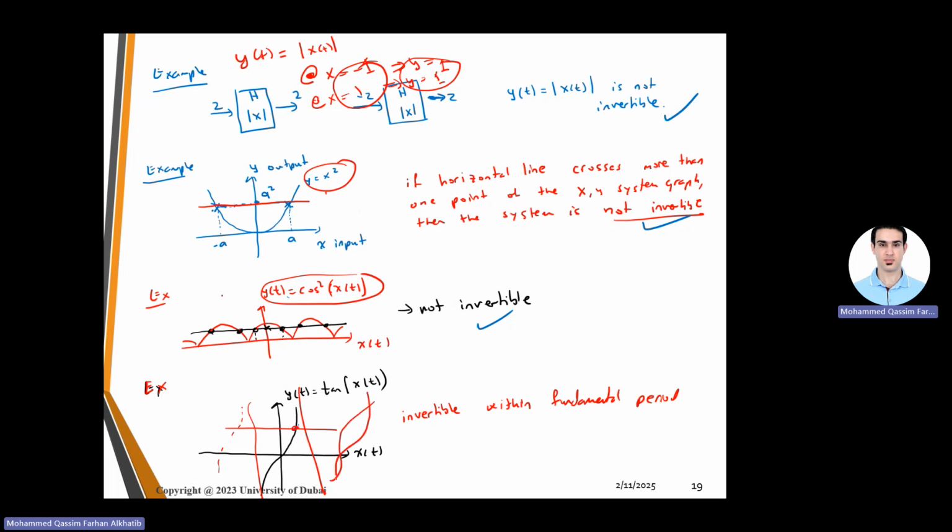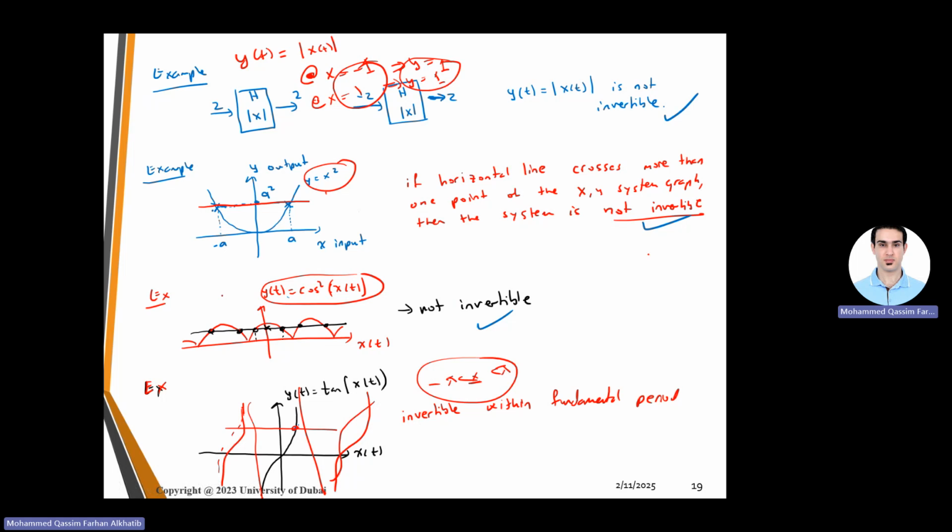So the system is periodic, but if I'm saying I want from -pi to pi, if my input is bounded to one period, then it is invertible for that period.